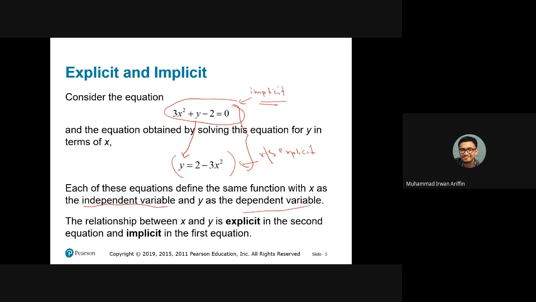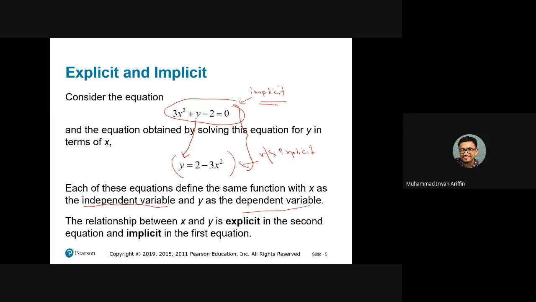Because we simply put them together, and without any deeper investigation we cannot simply say that this is the dependent and this is the independent. I hope now you are clear with regard to the concept of implicit and explicit.